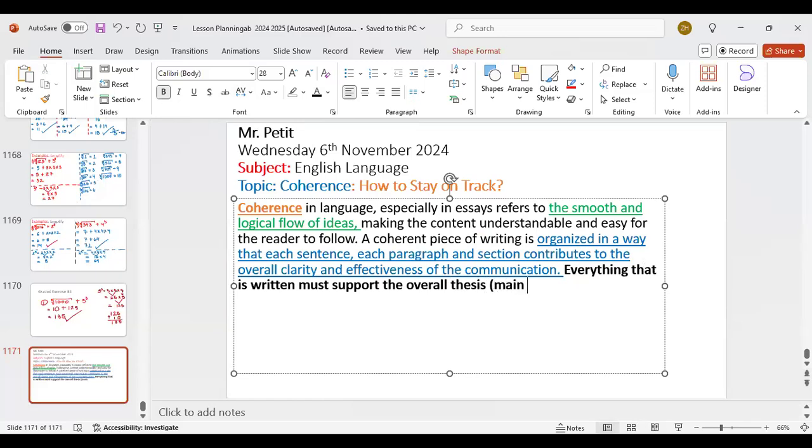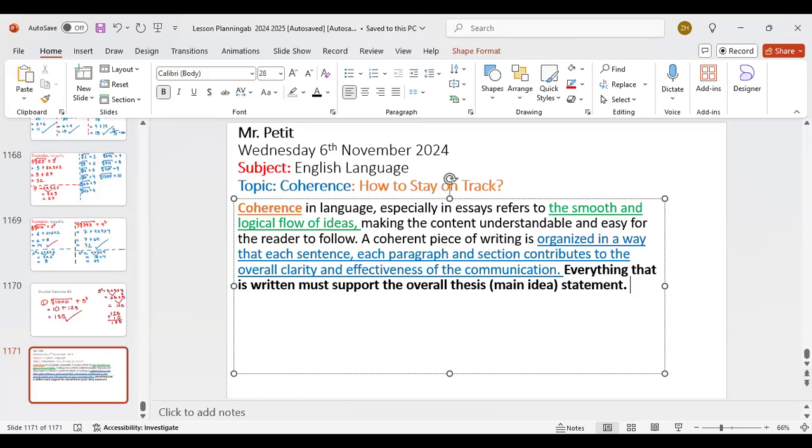Thesis is just the main idea, right? The overall thesis statement, okay? Everything that you write must support that. Every single thing. There's nothing that's going to go in your paragraph that does not support the thesis statement. If it doesn't support it, it shouldn't be inside your essay, all right? That's how you stay on track.